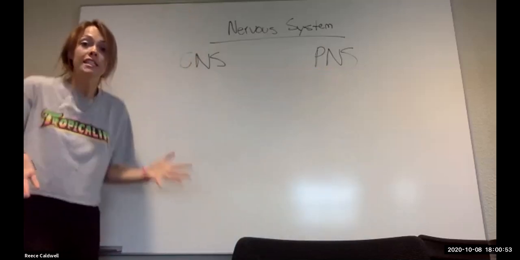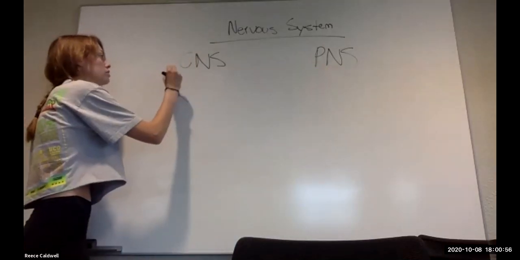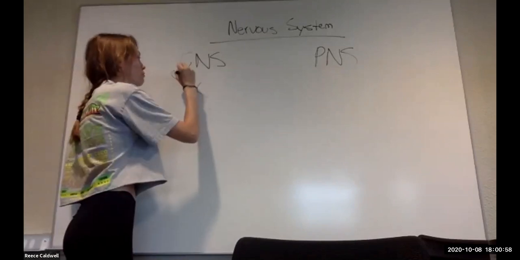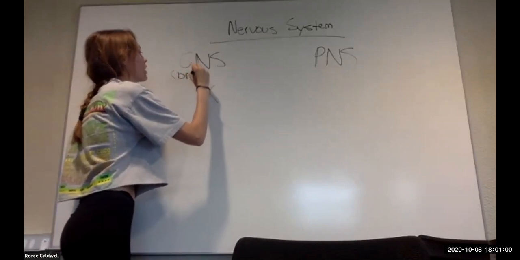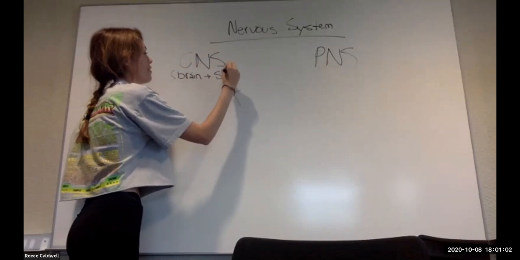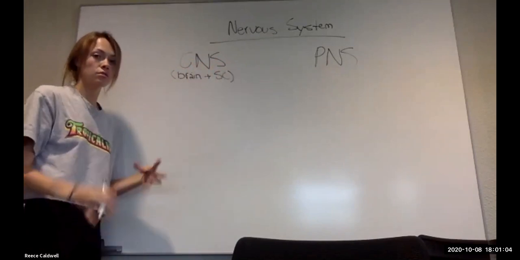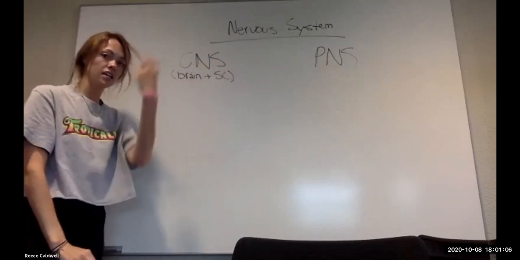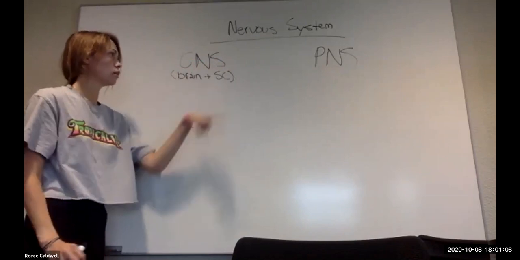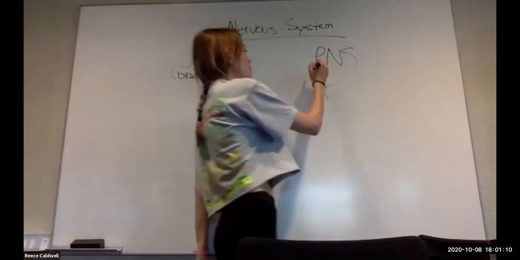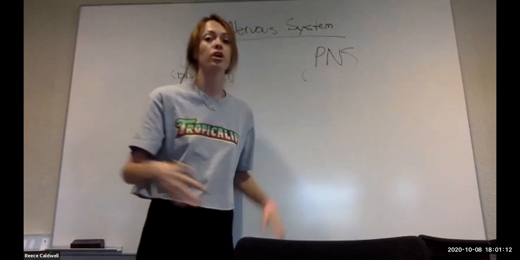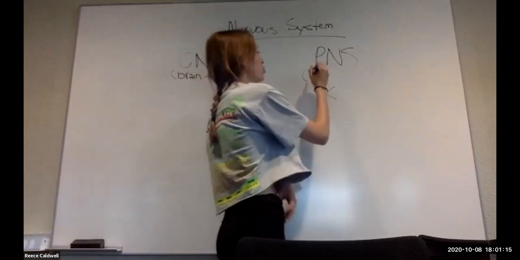What makes these two different? The central nervous system is your brain and your spinal cord. The central nervous system is your center, your brain and your spinal cord. The peripheral nervous system is all the nerves branching off of the brain and spinal cord.